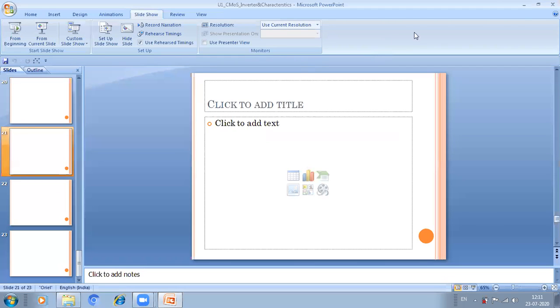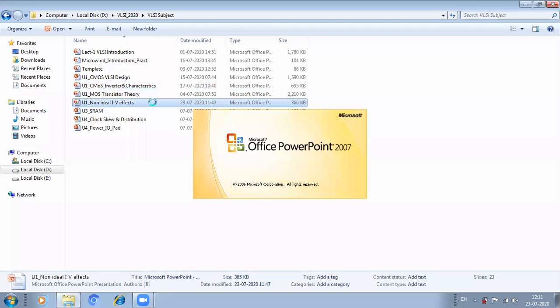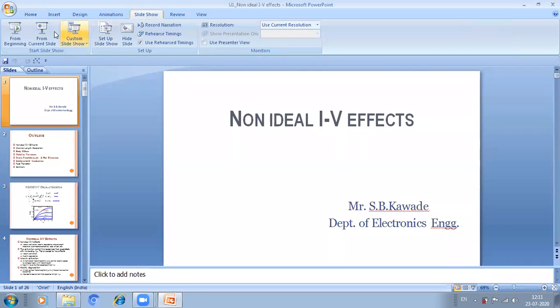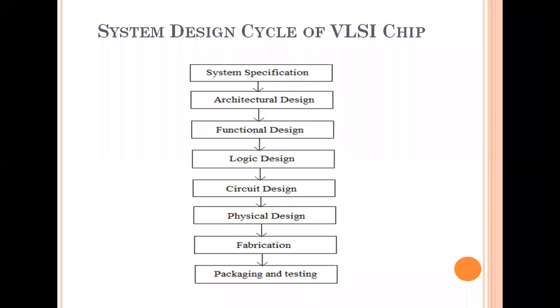Now we'll go on to the topic. Today we will refer to the topic: system design cycle of the VLSI chip.